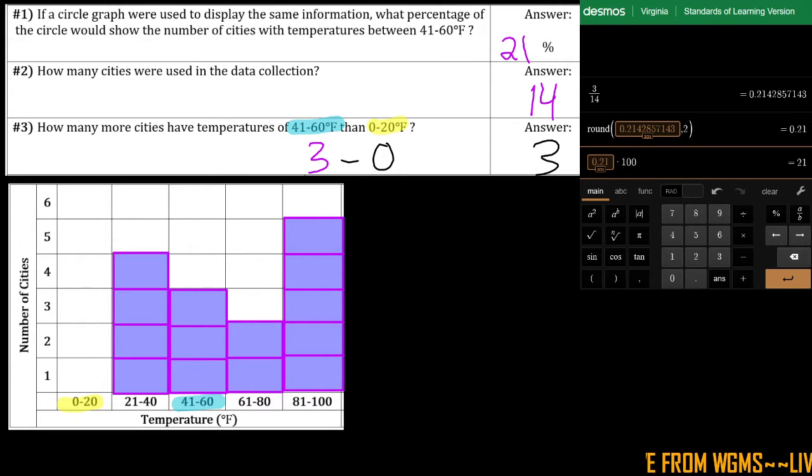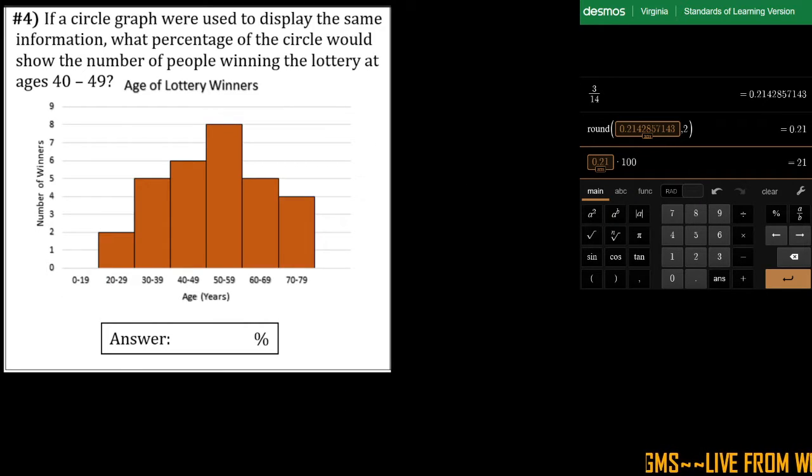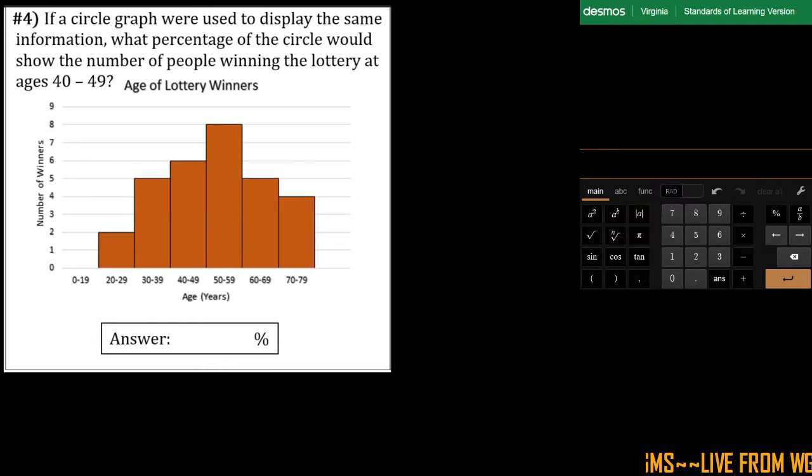So now, setting that aside, I can have for myself like this. I can read this problem out, so let me clear this out for you guys. And so now for this one, for number 4, it says if a circle graph were used to display the same information, what percentage of the circle would show the number of people winning the lottery that are ages 40 to 49?